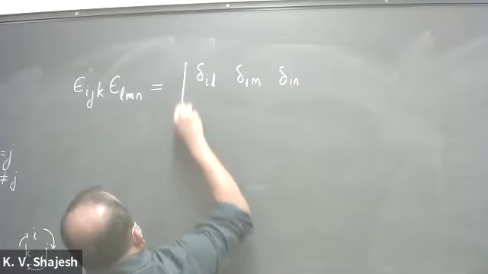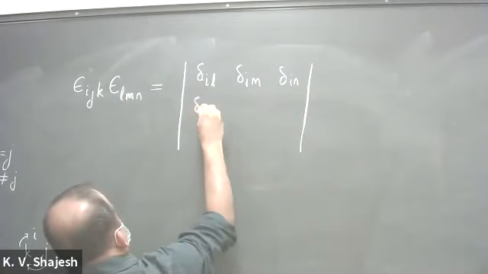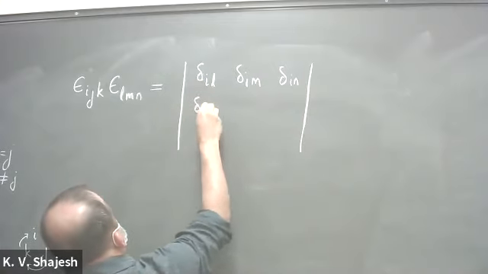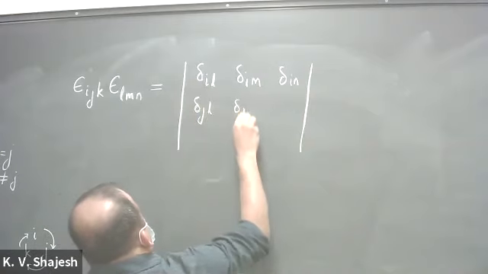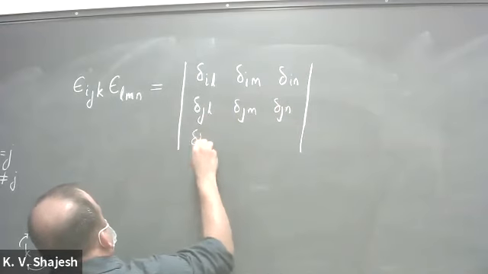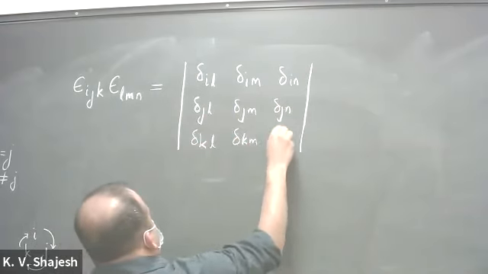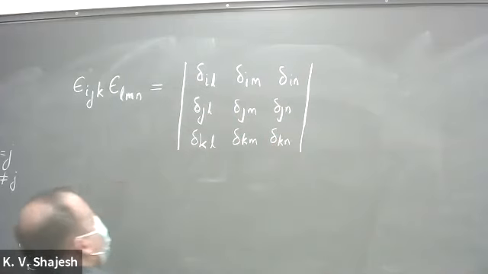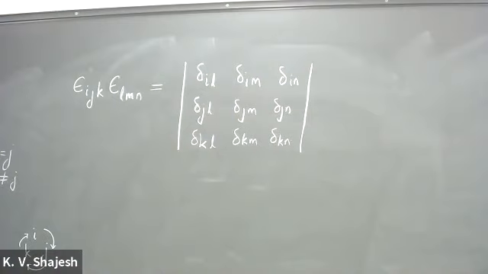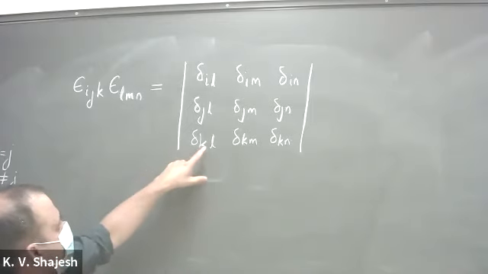This is a determinant now involving, write this down, L, M. That's a determinant. Remember that this can also be thought of as matrices, right?